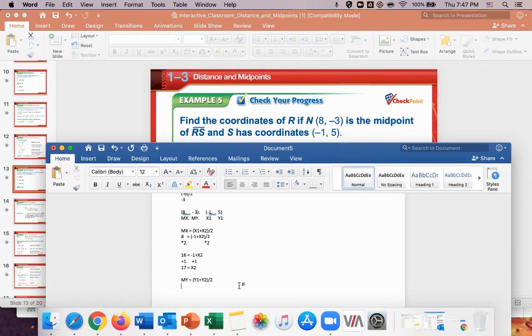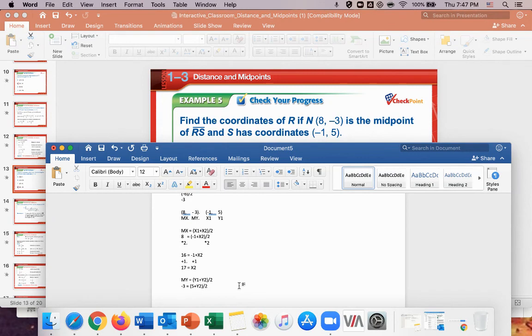Let's go ahead and sub this in. Our my is going to be negative 3. Our y1 is going to be 5. Our y2 we don't know, so we're going to leave that in there, and then divide that by 2.